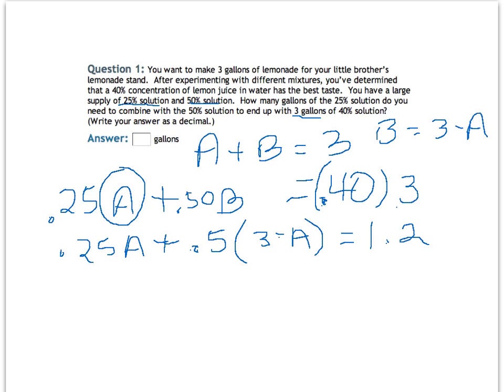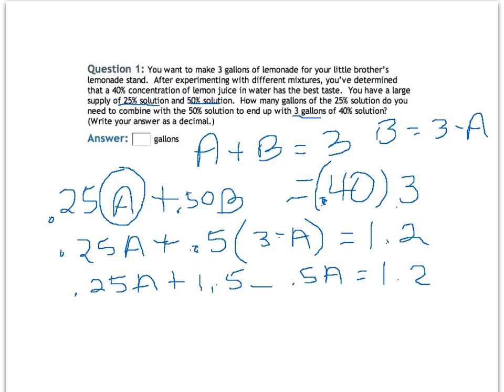Now, our next step, because of order of operations, requires us to distribute and get rid of those parentheses. So we're going to have our 0.25A plus 3 times 0.5 is 1.5, minus, because there's a negative A, 0.5A equals 1.2.